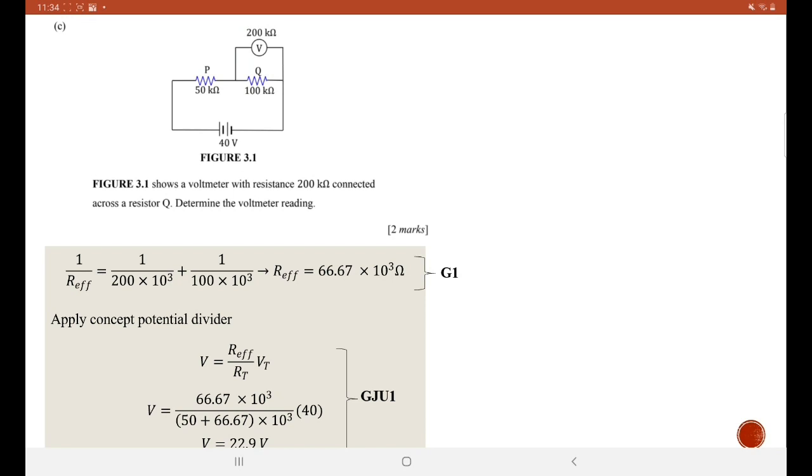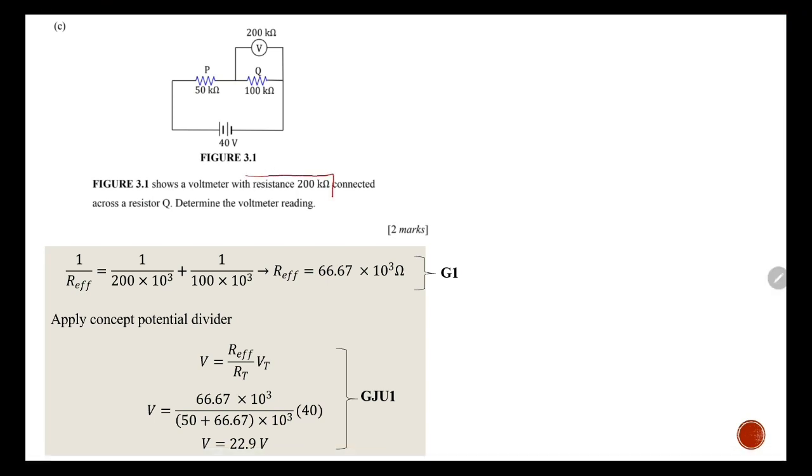For question 3C, figure 3.1 shows a voltmeter with resistance 200 kilo ohms connected across a resistor Q. Determine the voltmeter reading. Here we have resistors P and Q connected in series, and the voltmeter is parallel to resistor Q, and the voltmeter has a resistance of 200 kilo ohm.